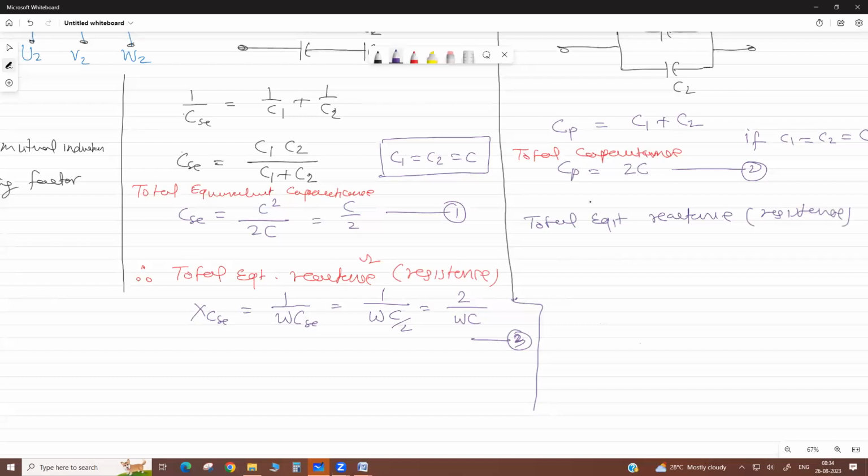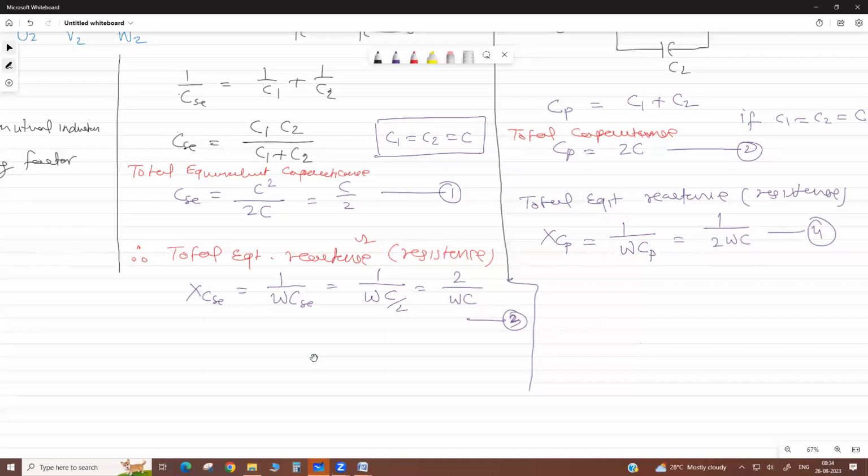So it is in parallel. This is the total capacitance, then reactance is XCP. You know it is 1 by omega C_P, but C_P is double, so it is 1 by 2 omega C. This is equation 4.